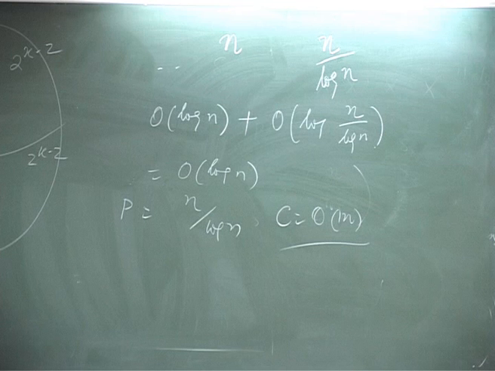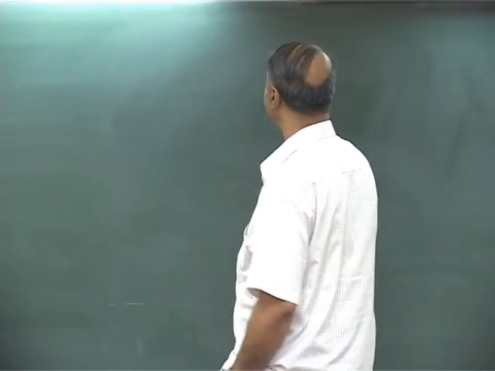Today we will be finishing our lecture by considering the sum of n numbers on another model, which is known as perfect shuffle computers.